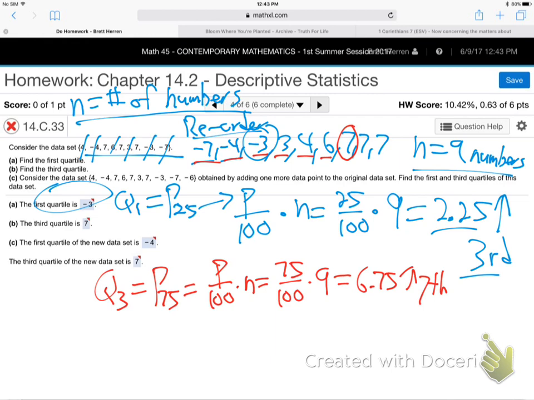How did you get that 25 for the first one? Yeah, oh, good question. Because first quartile, first quarter is P25, meaning if you're 1/4 of the way into something, you're 25% of the way in. So it's like the basketball game thing. When you talk about a football game or a basketball game, this is the start and this is the end. Here's halftime.